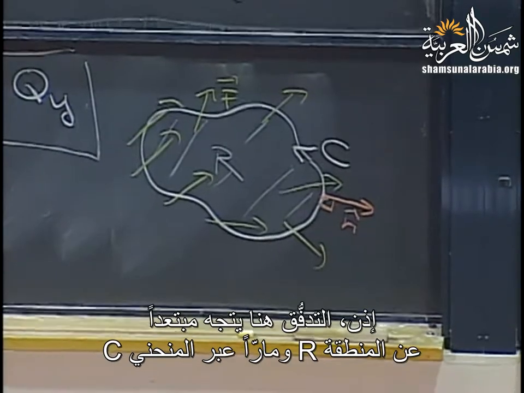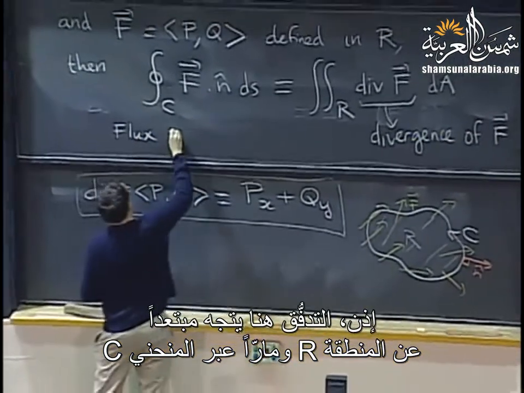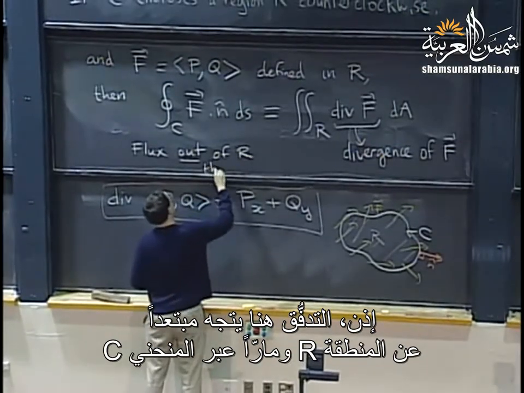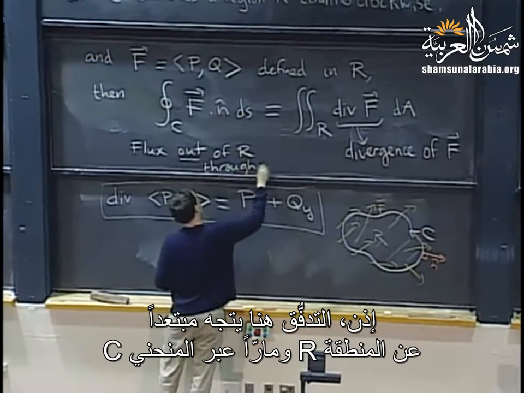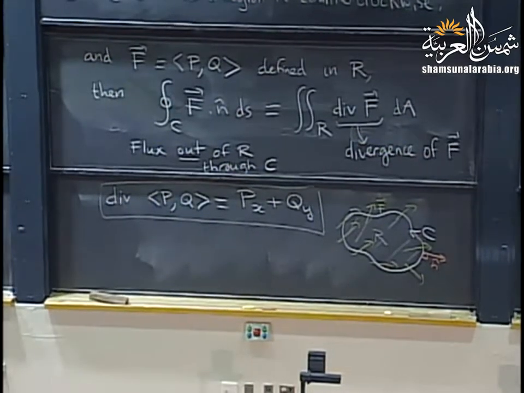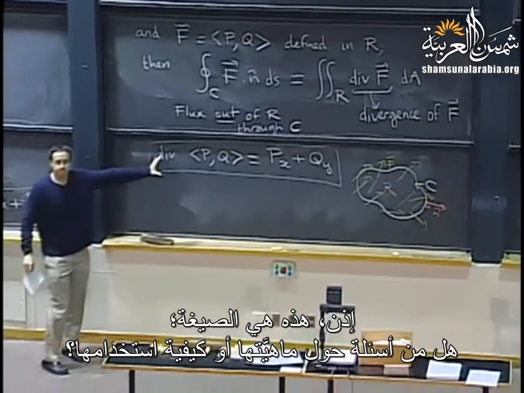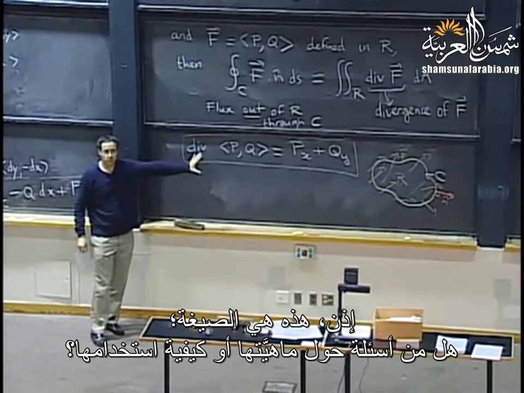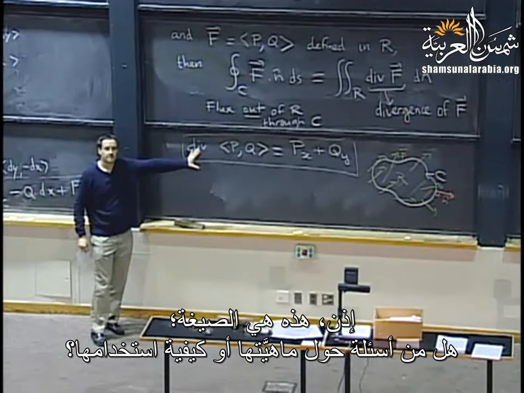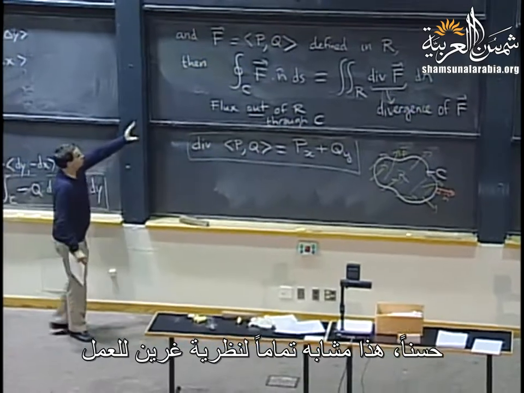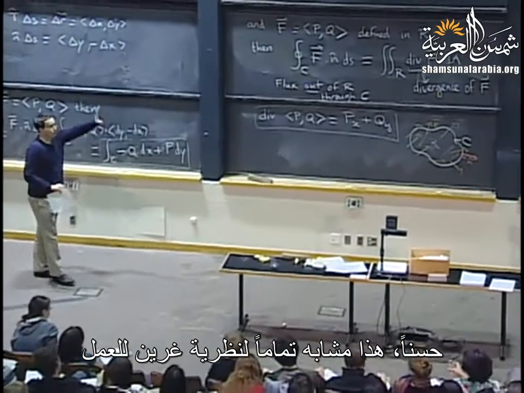Okay, so this guy here is the flux out of R through C. Okay. So that's the formula. Any questions about what the statement says or how to use it concretely? No? Okay, so it's pretty similar to Green's theorem for work.